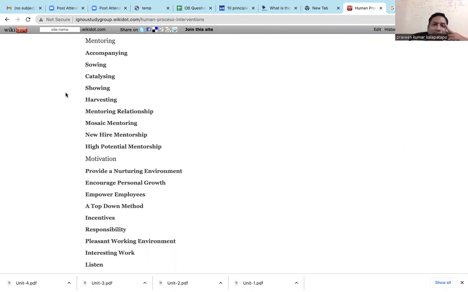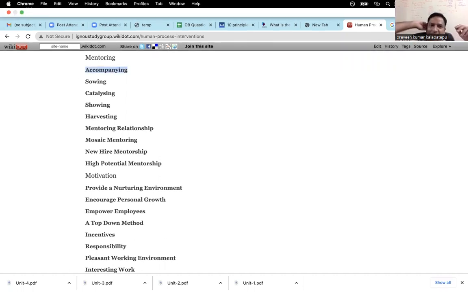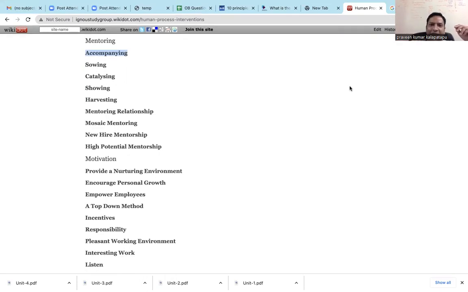Okay, so in mentorship, there are various aspects. Accompanying, what it means is he is sitting along with you while you are learning. This is one way of mentoring. Okay, sowing. He is seeding you with ideas whenever it is required, right? Whenever he feels that you are ready to take it, he is sowing the ideas.